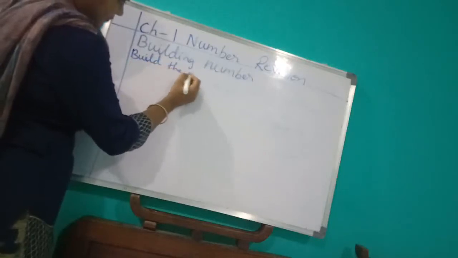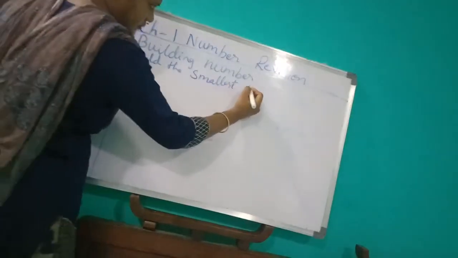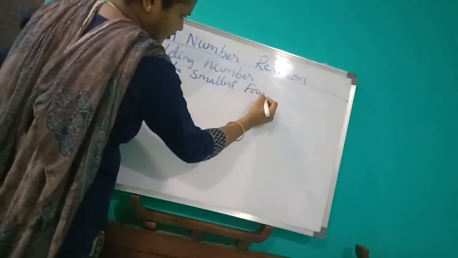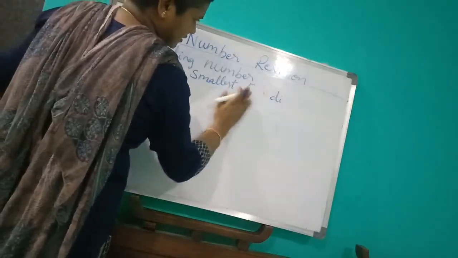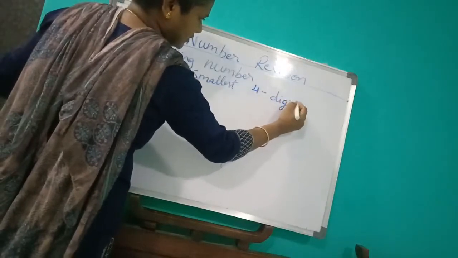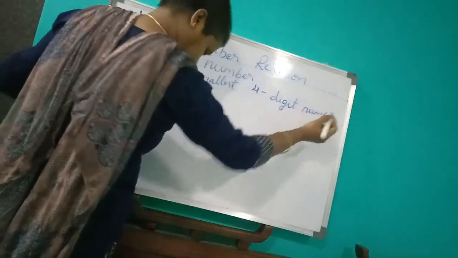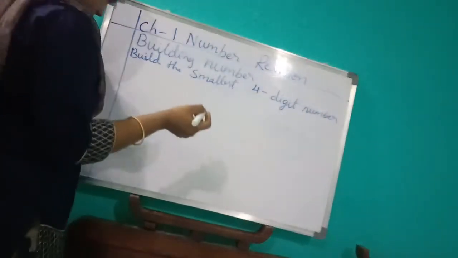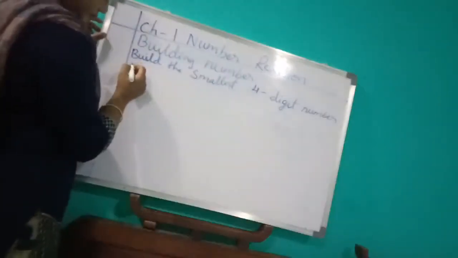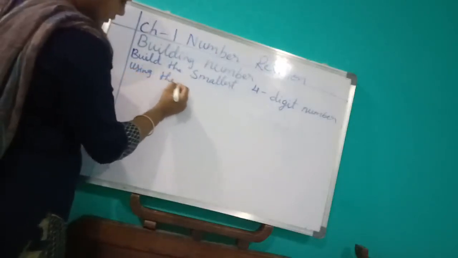Build the smallest 4-digit number using the given digits.